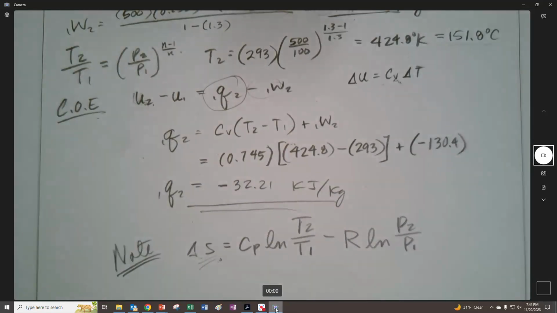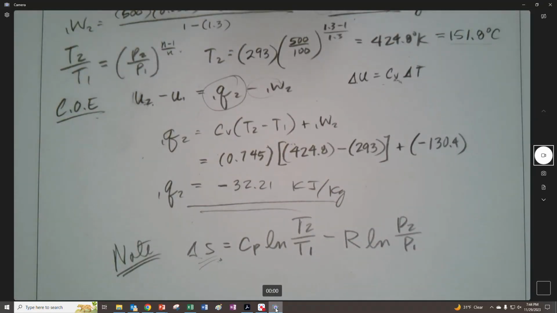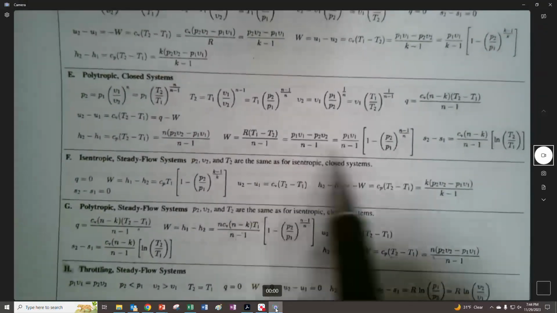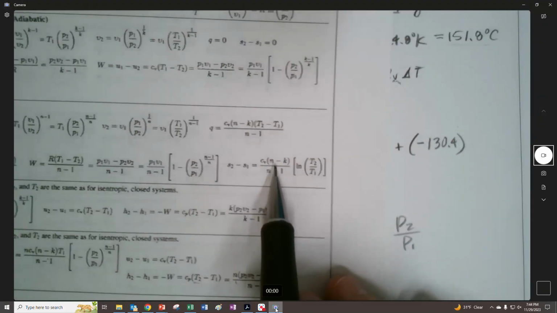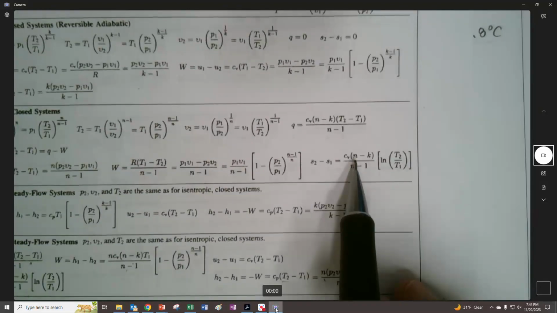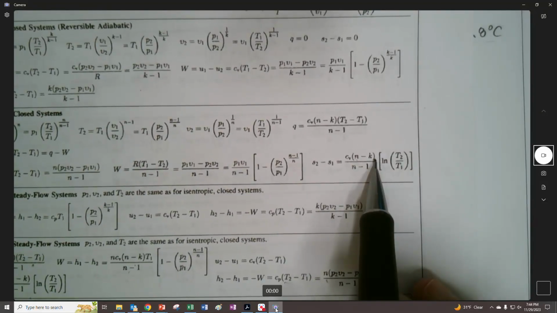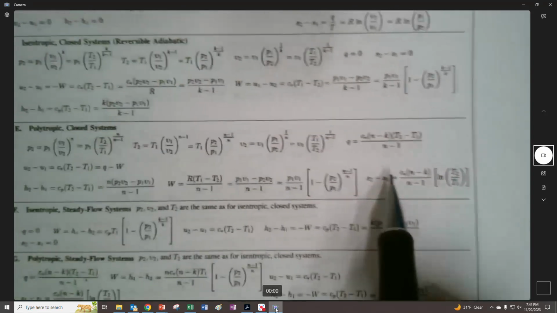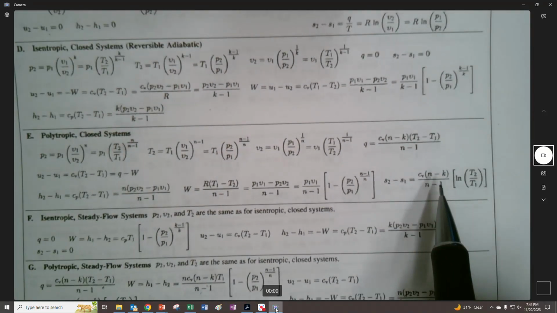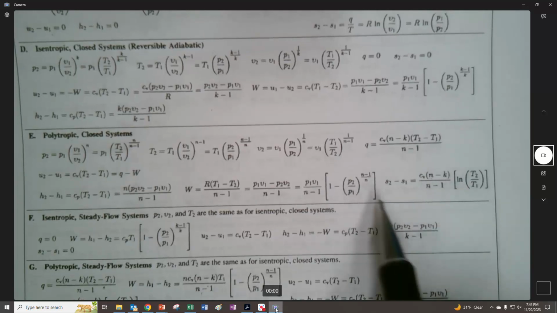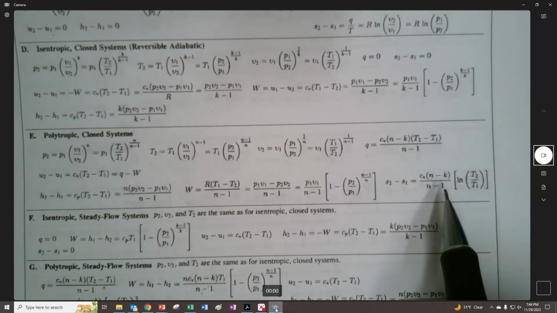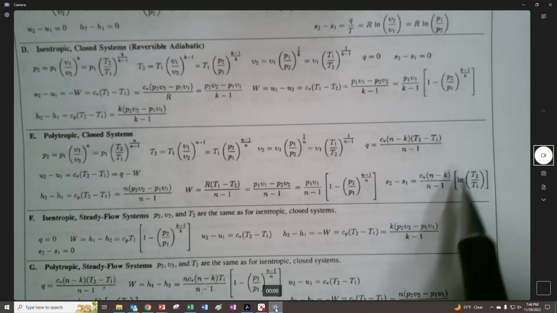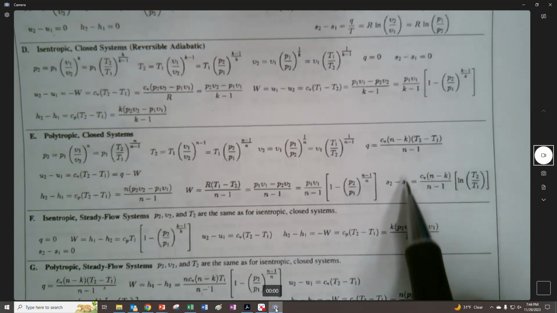One thing left to do is note that on our cheat sheet, this was a polytropic process, and here's what we had for that one. You'll note that we had n minus k as part of that. So that's an interesting one. I want to talk some more to Dr. Yevisterk about how to get to this, because that still remains a question for me.